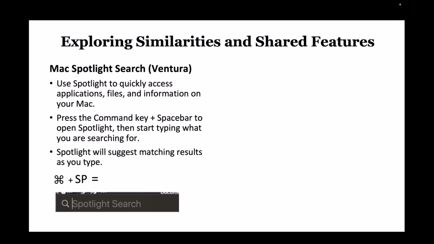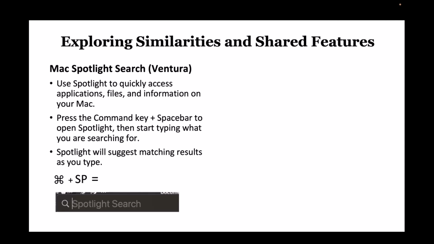It's used to quickly access applications, files, and information on your Mac. To access it, you press the Command key plus the space bar to open Spotlight. Then you start typing what you're searching for, and Spotlight will suggest matching results as you type.